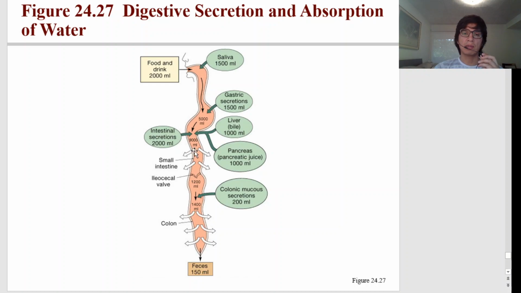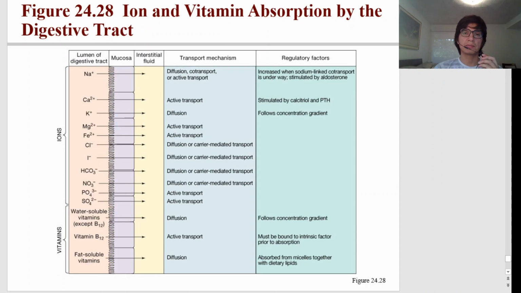Eventually, we also have the reabsorption in the small intestine and in large part in the large intestine until we lose very little water within our excretions. This is a view of the types of transport that different ions and vitamins undergo and what components regulate them.